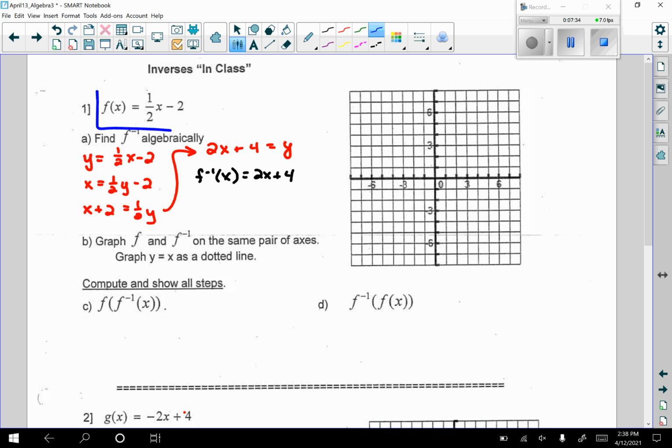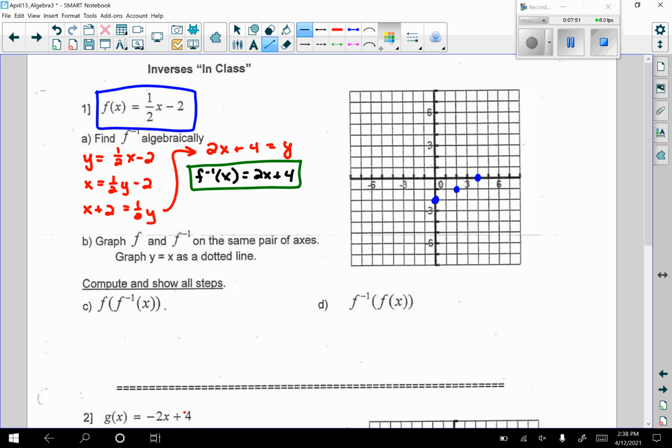I'm going to highlight this one in blue, and I'll put this one in green. So if I go to graph y equals 1/2 x minus 2, I'm going to go down to negative 2 for my y-intercept. My slope is 1/2, so I'm going to go up 1 over 2, up 1 over 2, and then we'll draw a line.